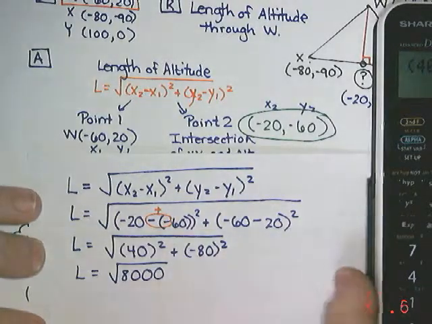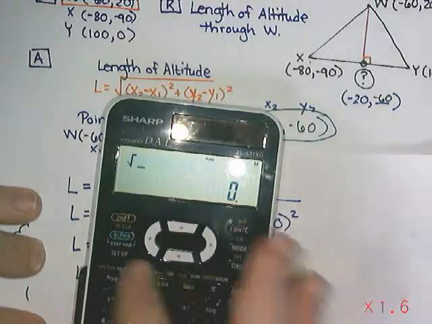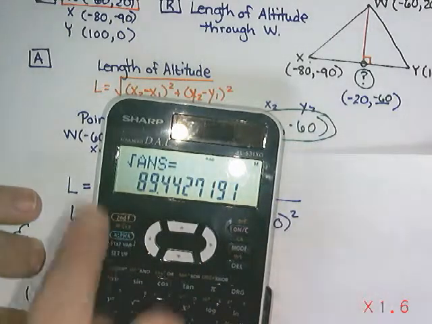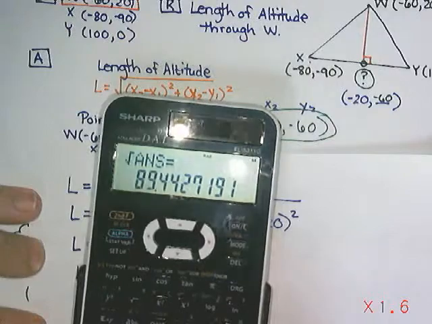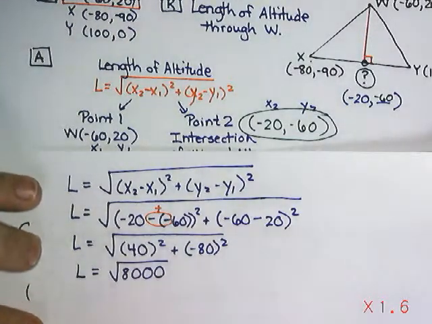I could check to see if that works out nicely, but it doesn't. I get 89.44, and I would rather leave it as an exact value instead of making it a decimal.